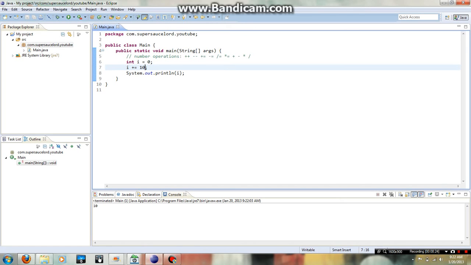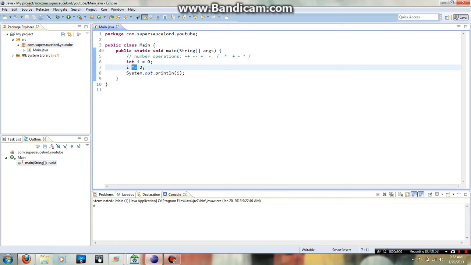And then minus equals is the same thing. It's just minus equals 2. I'm going to subtract 2 from 0. It stores negative 2 in i. And then divided equals and times equals are the same thing. It's still going to be 0, because 0 times 2 is 0.